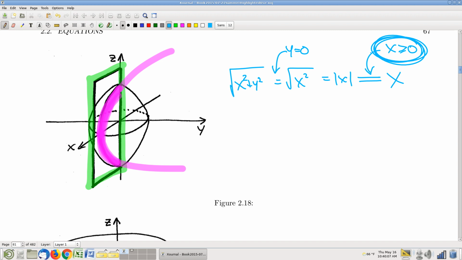Whatever that half plane intersects, that will rotate to make our surface. This outer part of the parabola is not in the half plane, so we lose it. Right, it is only this part of the parabola that is that cross section. So that's the curve that you rotate around the z-axis, and so you get the football-like shape that I'm showing there. Everybody good?